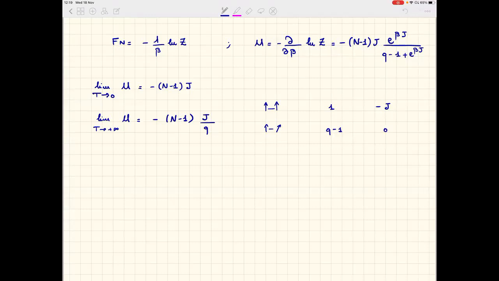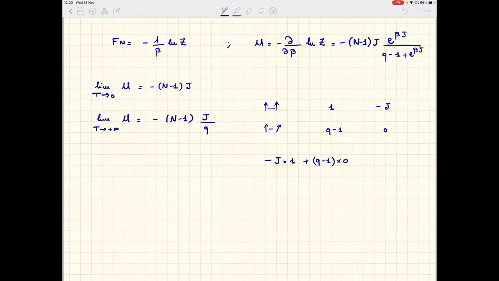So now for each bond, the average energy is what? If all these configurations are equally probable, the average energy is going to be minus J times 1 plus Q minus 1 times 0.